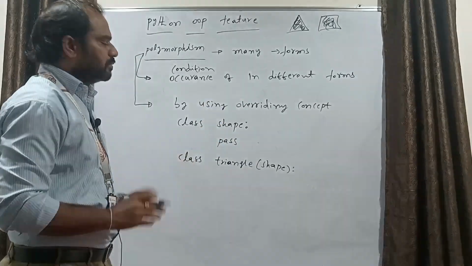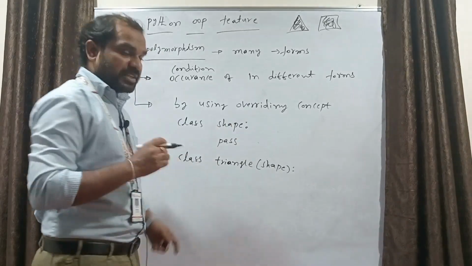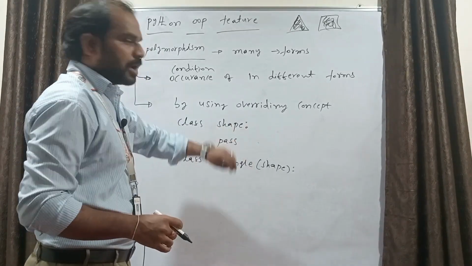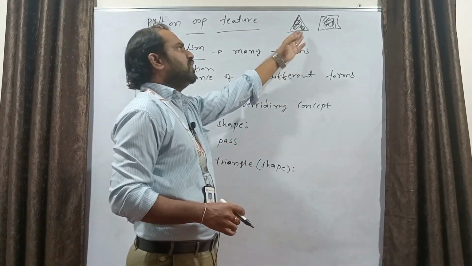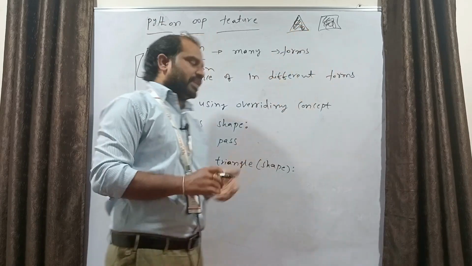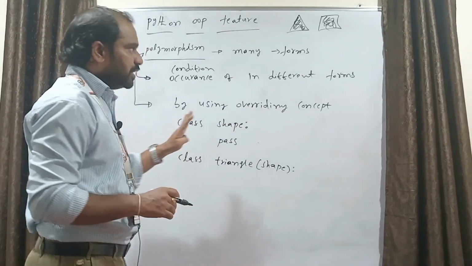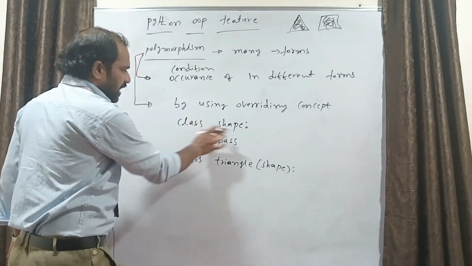I am not going to do that, but if you want to, we can take the help of this Shape class, so that whenever an object is created, I can fill the same color for different objects. For that purpose I created the Shape class, but I am not going to implement that. So class Shape: pass.